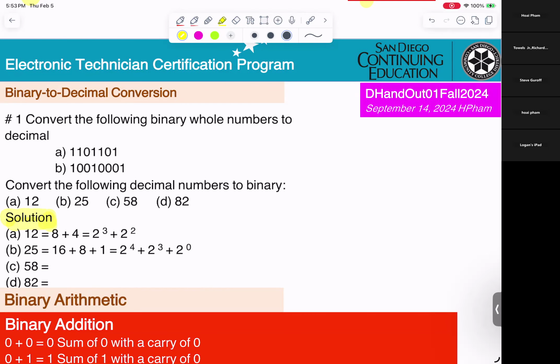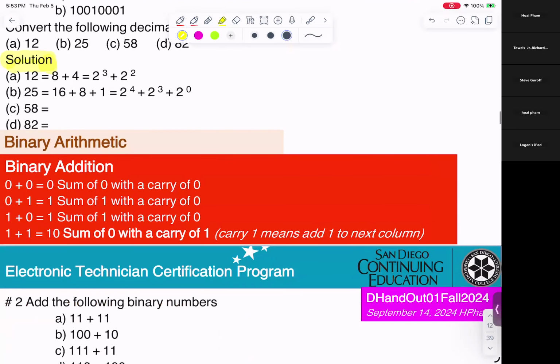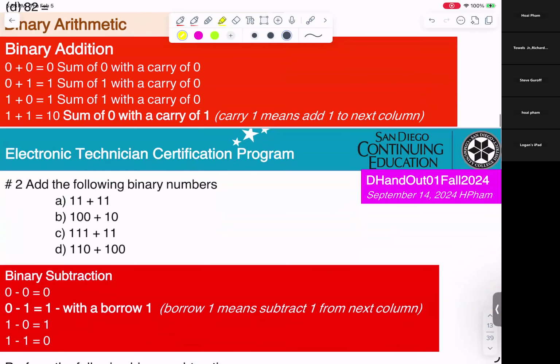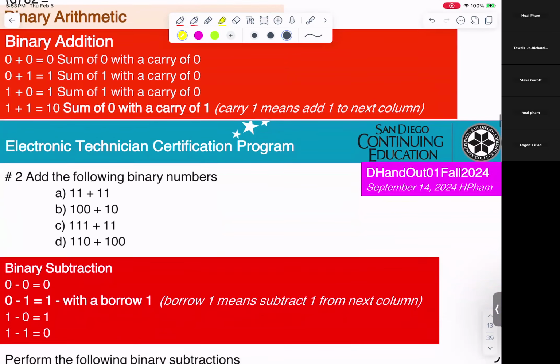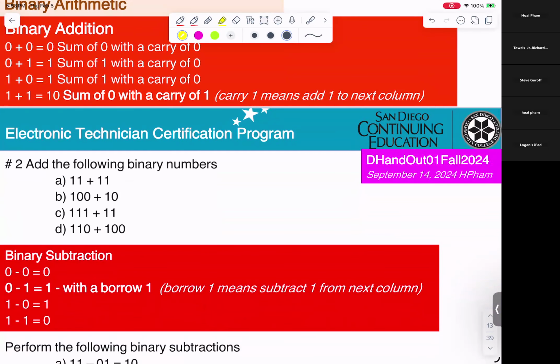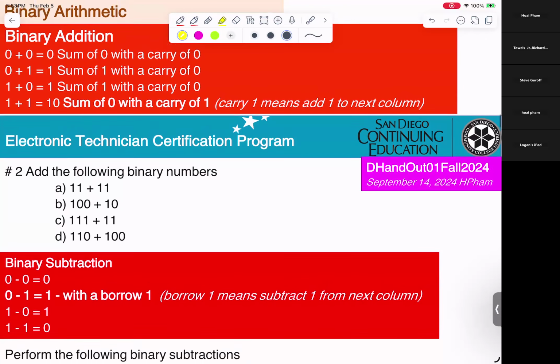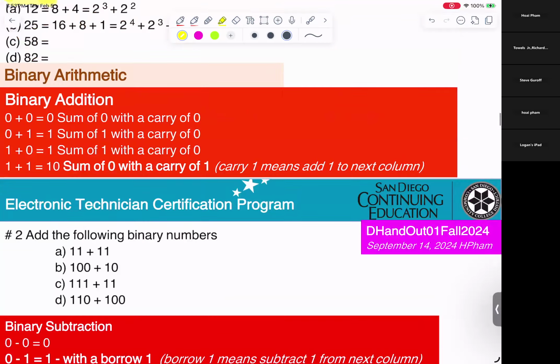Now, this is the next one. Binary addition. The thing is we don't care about decimal. We don't care about hexadecimal. We care about binary. So the first one, add binary addition.